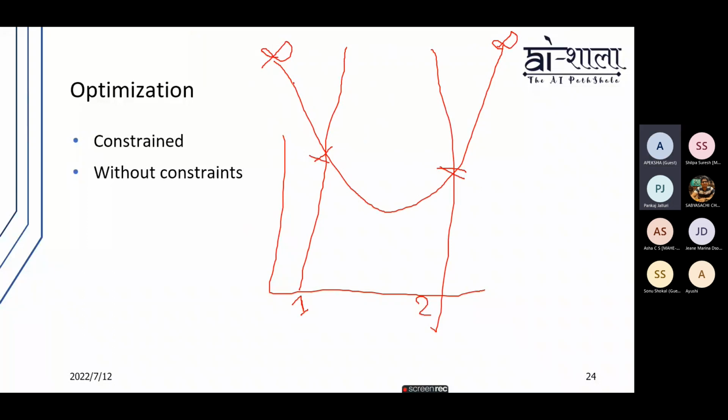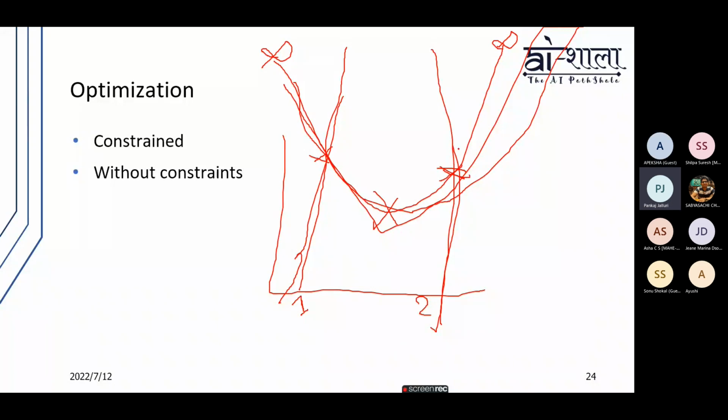This is just a parabola, a simple function. Suppose you want to minimize or maximize this function, and between point 1 and point 2 you will say this is the maximum point and this is the minimum point of the function, right?